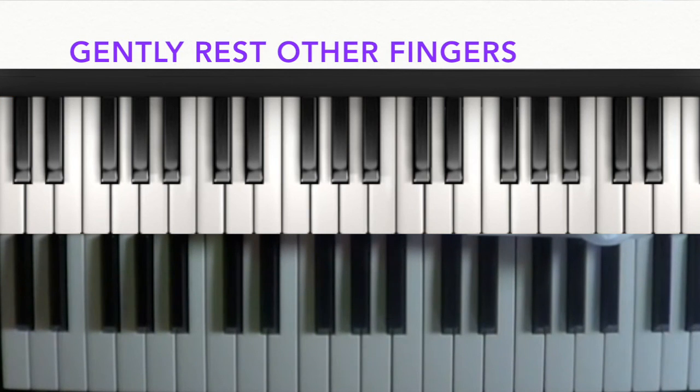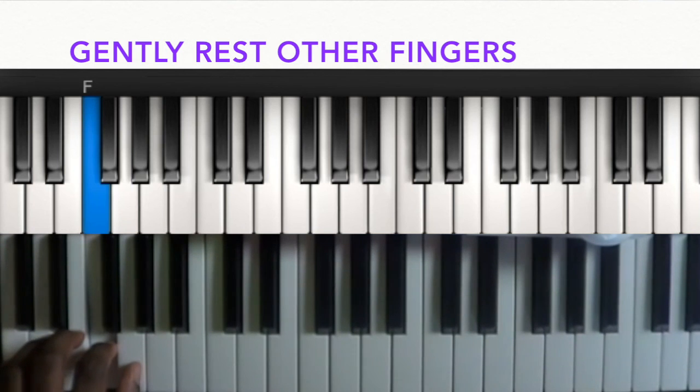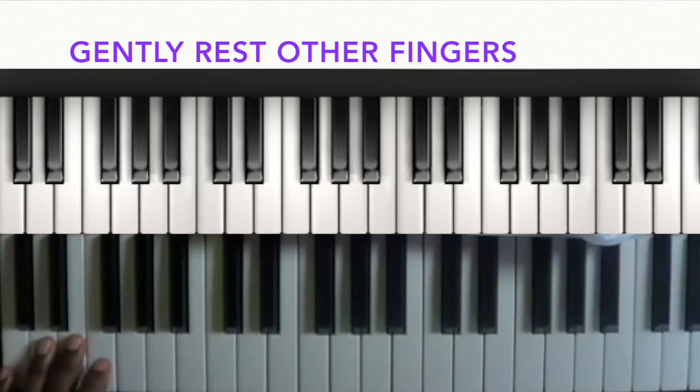You see that? And essentially you want to really focus on keeping the rest of your hand, or your remaining fingers, gently resting on the keyboard while the finger that's being played is pressed down. So when I'm pressing that F with my index finger, all the other fingers are gently, not pressing, but just gently resting on the keyboard.